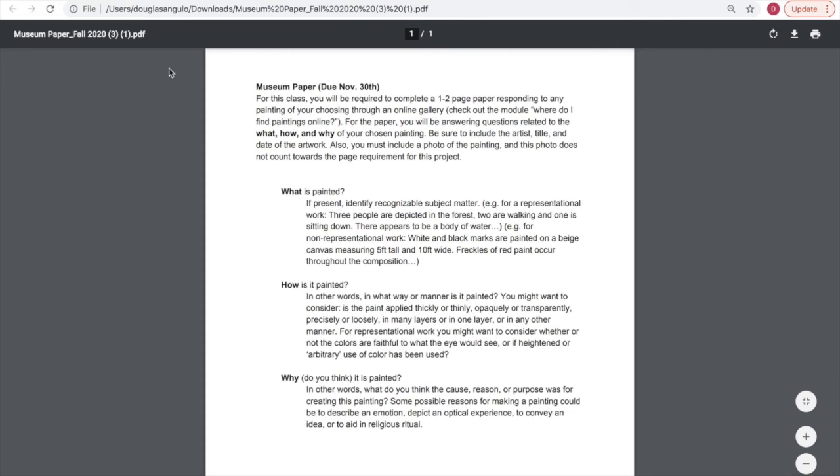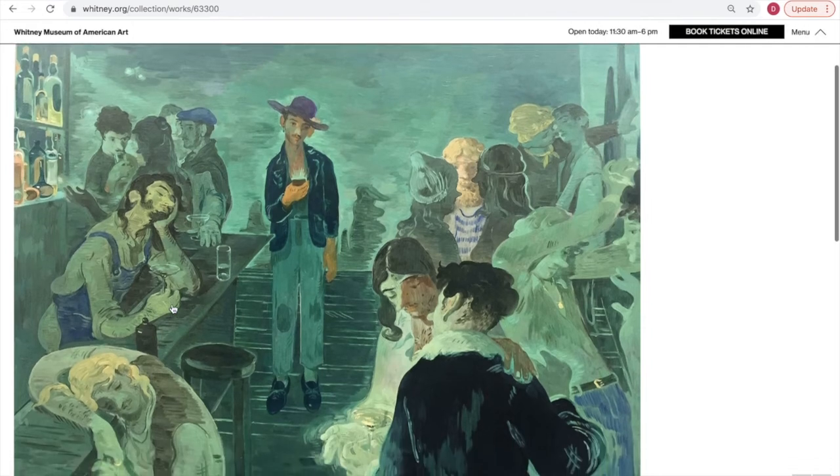How is it painted? Okay. Is this painted in a photorealistic manner? I'd say no. I'd say it's painted more in an expressionistic manner. Okay, there's visible brushstrokes. I think there's some arbitrary use of color here.